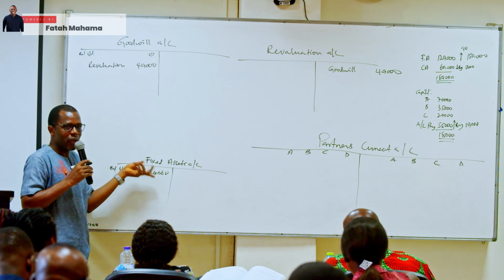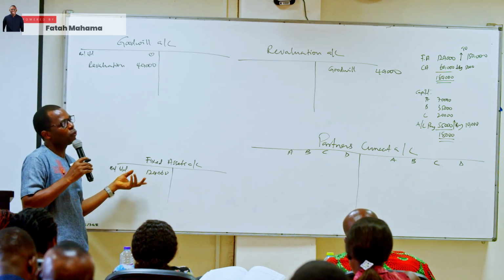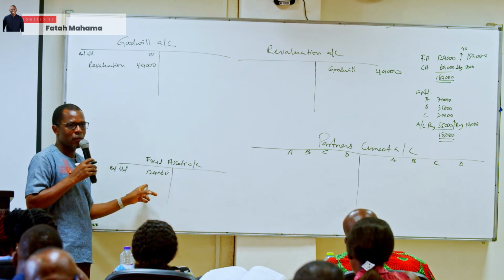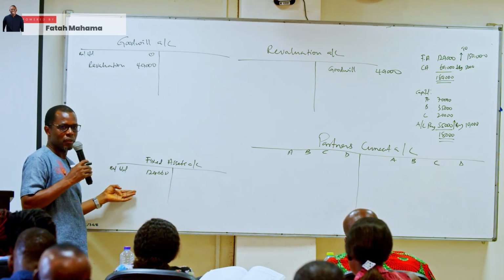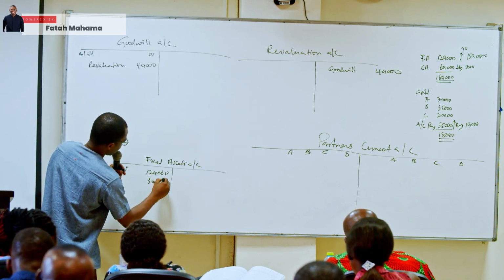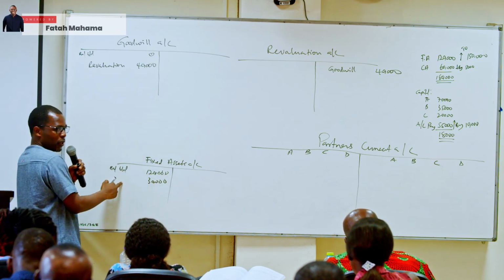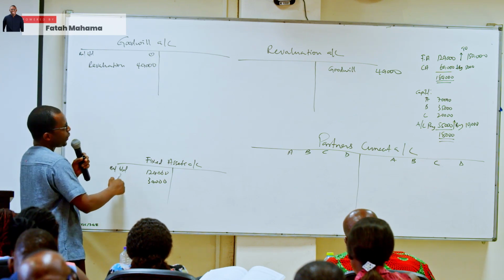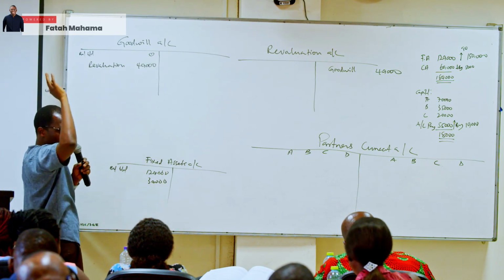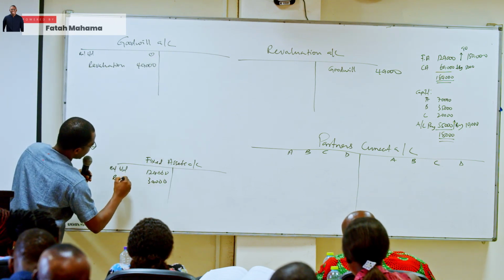Now, to add 30,000 to an asset, I have to debit it. Because if I put it here, I'm cancelling 30,000. I have to debit it, right? So I'll debit it by 30,000. What should the description be? Revaluation. I said the increase and decrease, we are accumulating the revaluation, right? So revaluation.